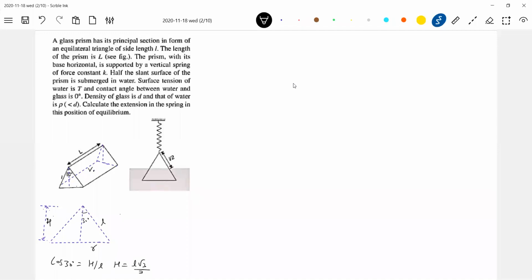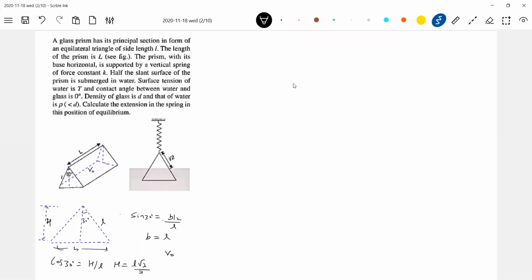Volume of the prism V naught should be equal to half into base length. Let me find out the base length also. Sine 30 is equal to B by 2 by L. So B is equal to L.